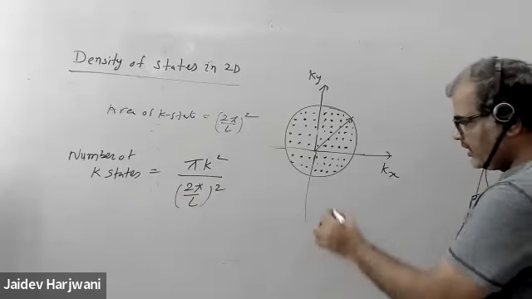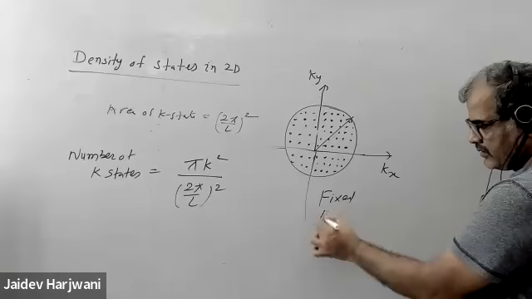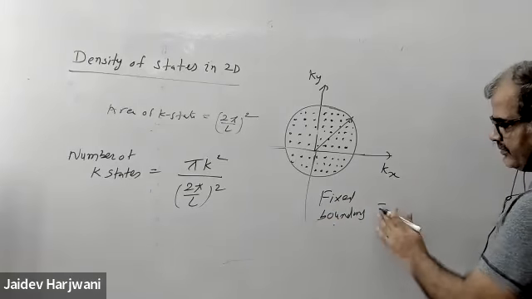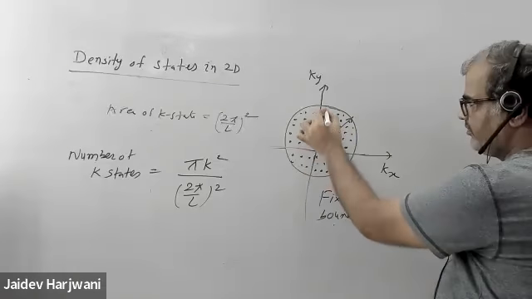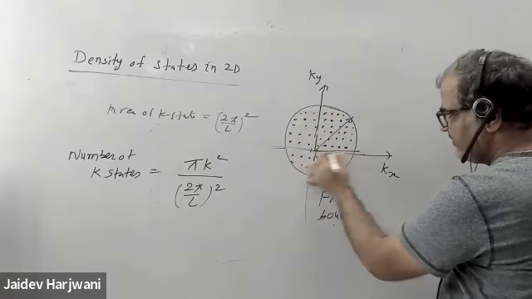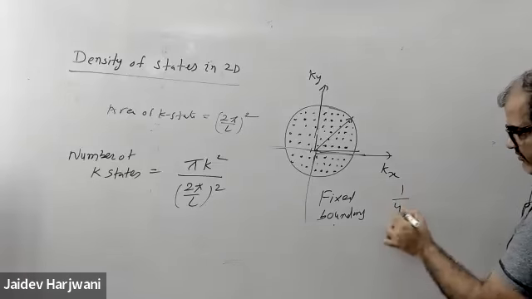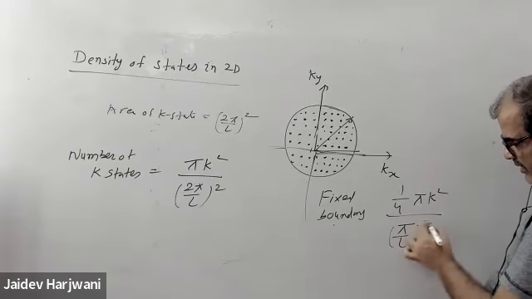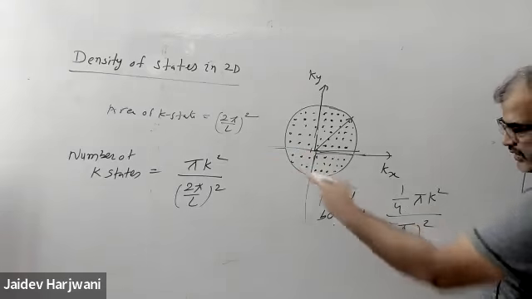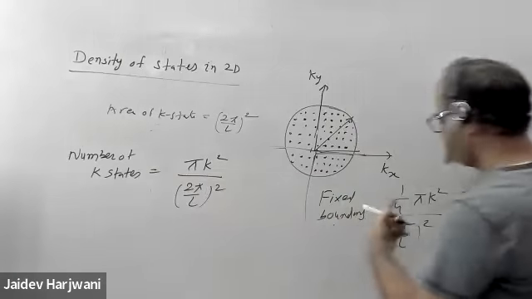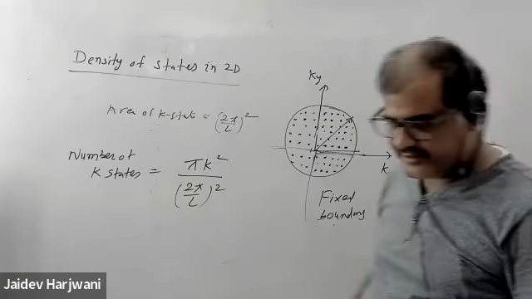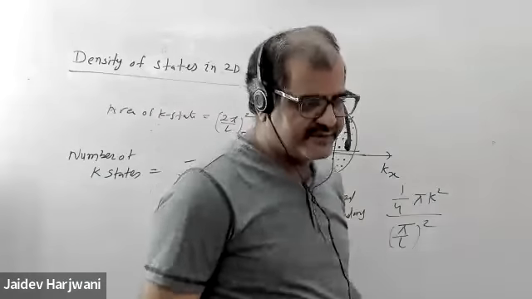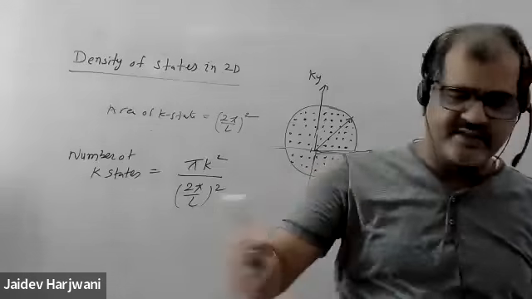If I take fixed boundary conditions, then the area is 1/4, because now I'll take only positive k values. So the area will be pi upon L square. But both expressions are the same; if you take 2 out, this becomes the same. So there's no change.